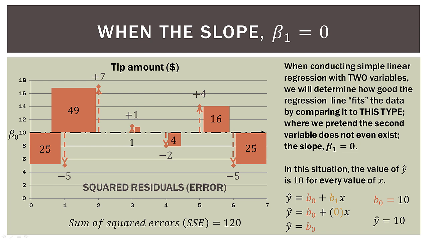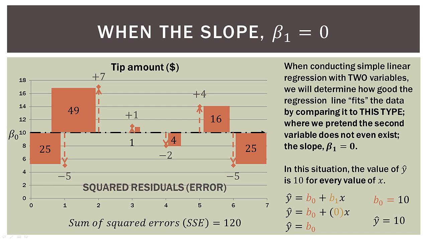We covered that in the previous video. But the important thing to apply in this video is that the slope of this special type of situation is 0. So this is when beta sub 1 is 0.